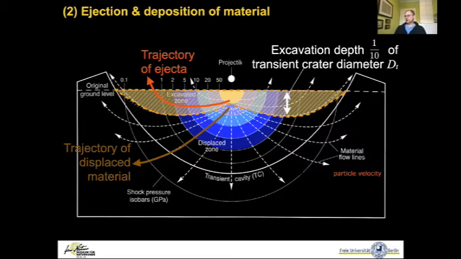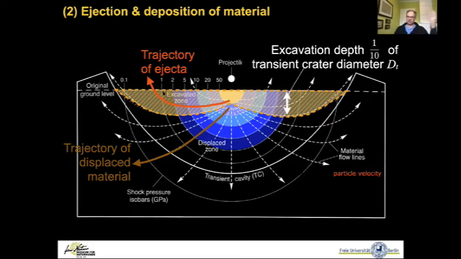So this shows a cross-section, and you see these trajectories. The trajectories show how material is displaced along these banded trajectories. And you see this is the zone where material is just displaced, so it is transported into the subsurface. But when these lines end above the surface, that basically means that the material is actually ejected.